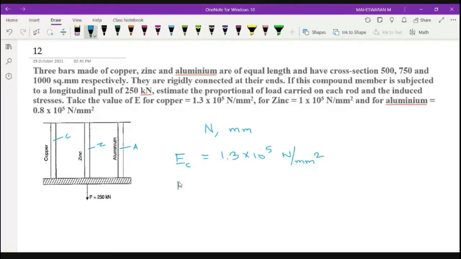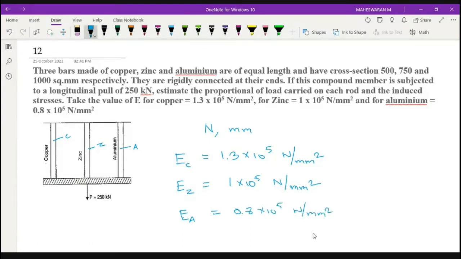Similarly, EZ is Young's modulus for zinc, which is 1 into 10 power 5 Newton per mm square. And EA is Young's modulus for aluminum, which is 0.8 into 10 power 5 Newton per mm square.